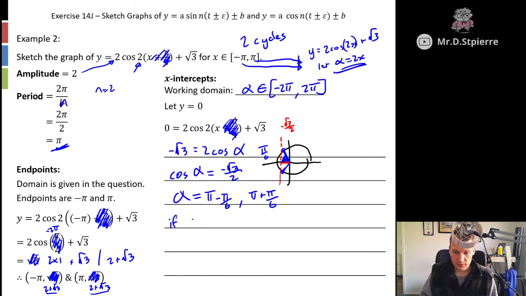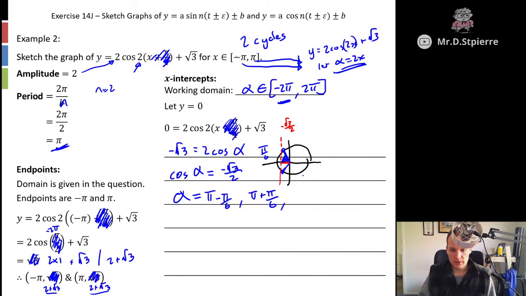If alpha equals 2x, it follows that x is equal to alpha on 2. I haven't done that, that was just between 0 and 2 pi, but I also need to look back at negative pi, sorry, for my allowed angles.